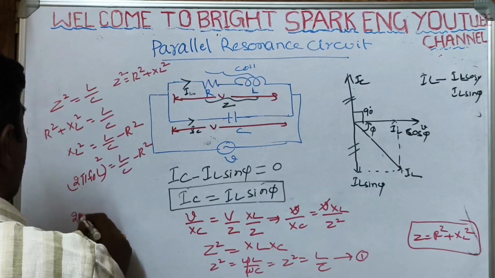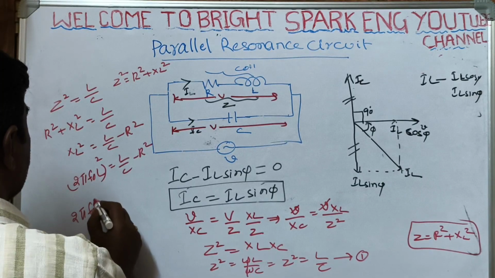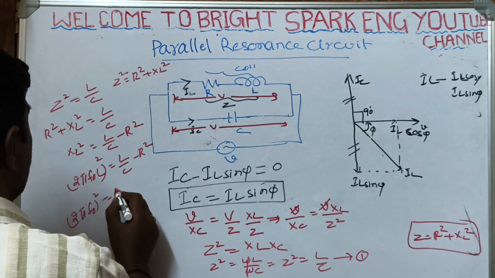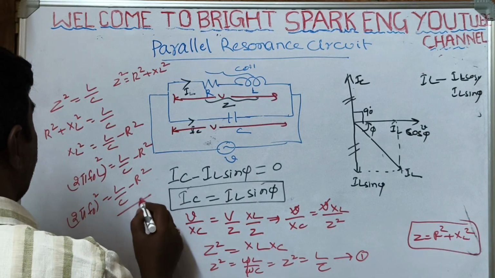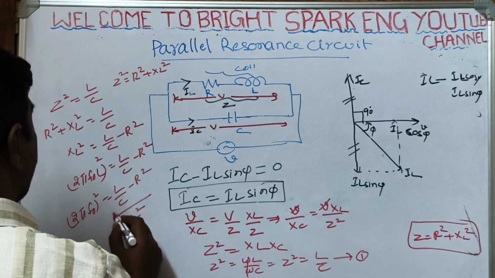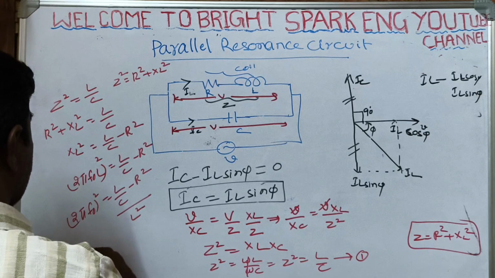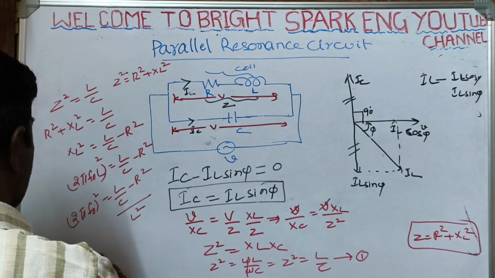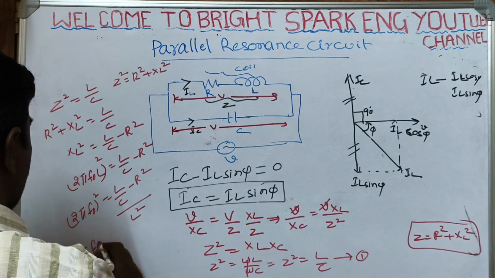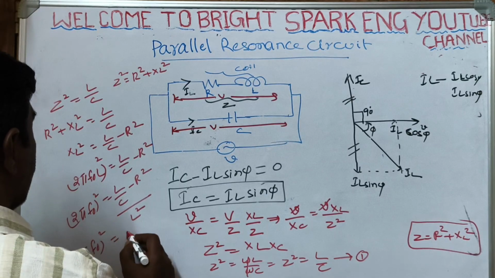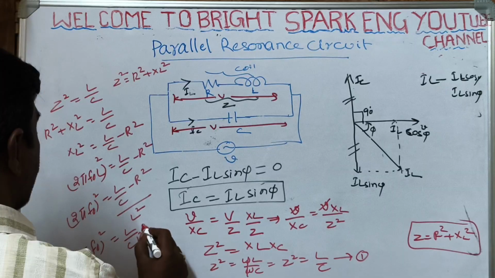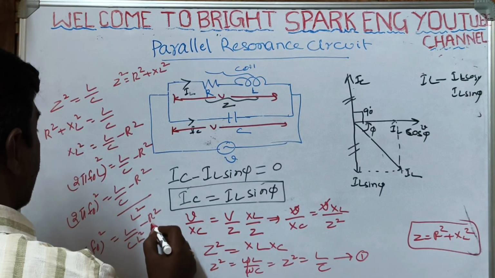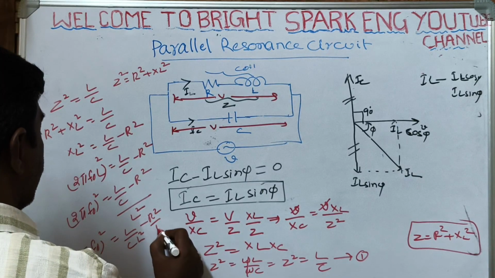Here 2 pi F naught whole square is equal to L by C minus R square, by L square. That is equal to 1 by LC minus R square by L square.